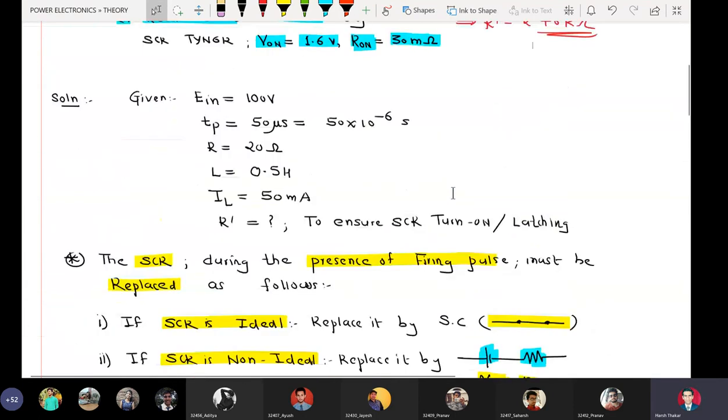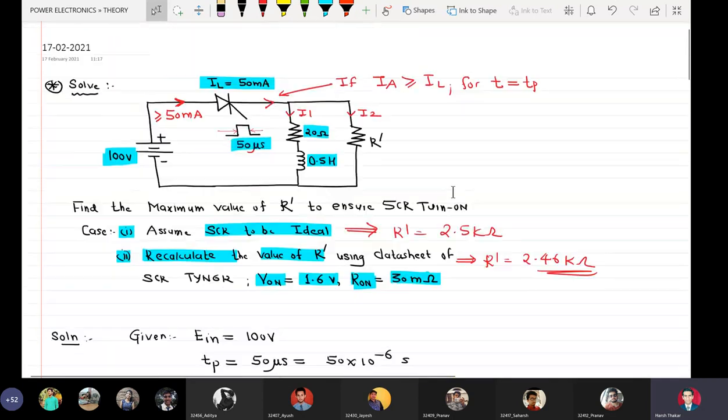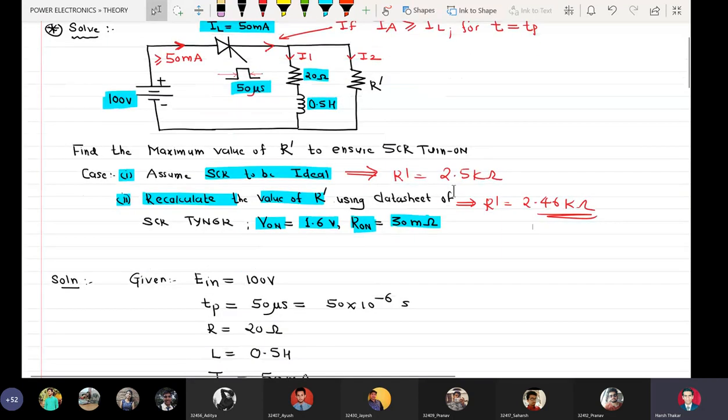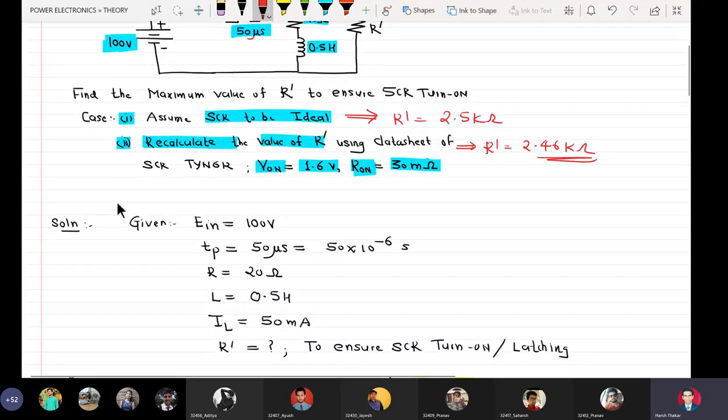involves recalculation of R dash if the SCR is non-ideal. Non-ideal means when the SCR is conducting, it offers a non-zero voltage drop and a non-zero on-state resistance. That is why in the first case, where SCR is ideal, V on is 0 volt and R on is 0.